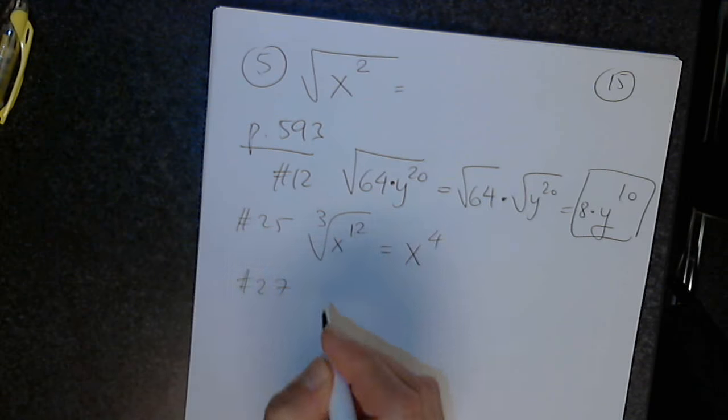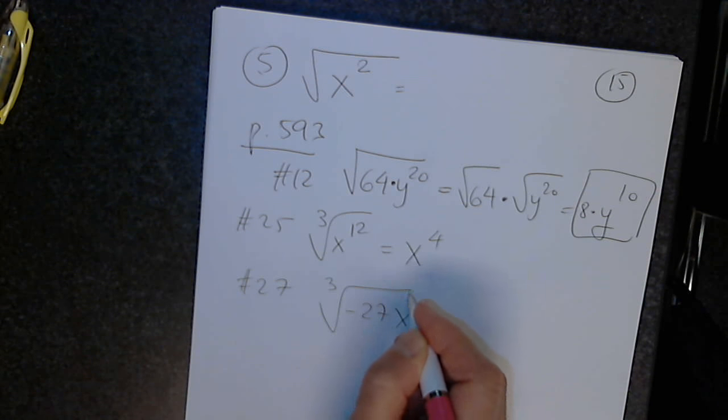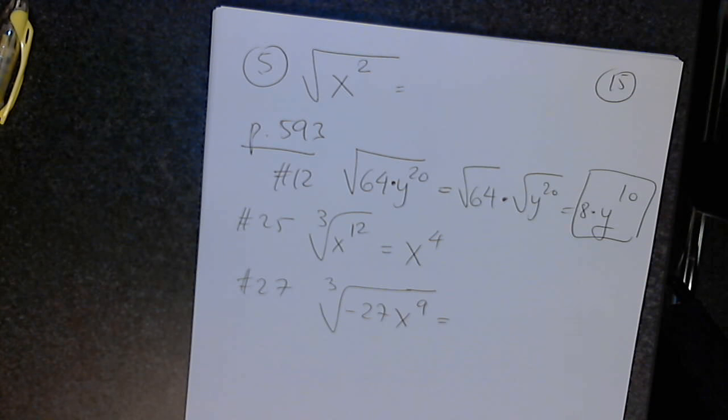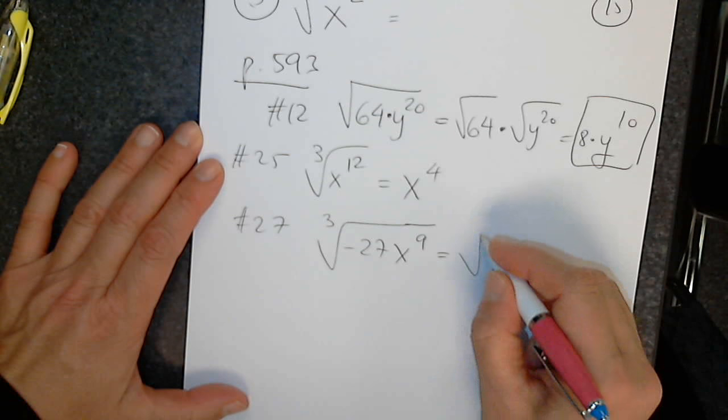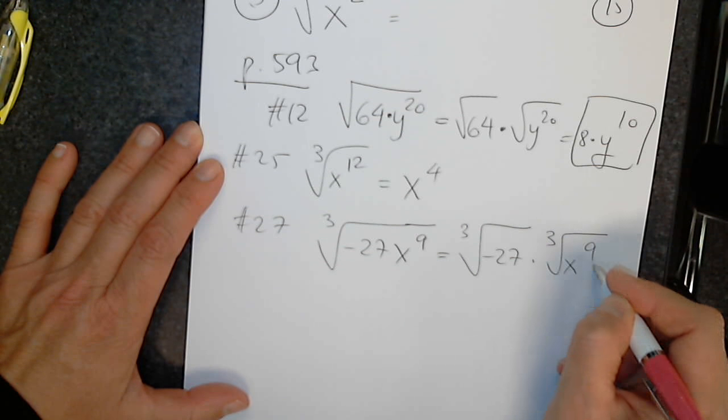27, which is the cube root of negative 27 x to the 9th. I'm allowed to split it because it's a product. So this will be the cube root of negative 27 times the cube root of x to the 9th.